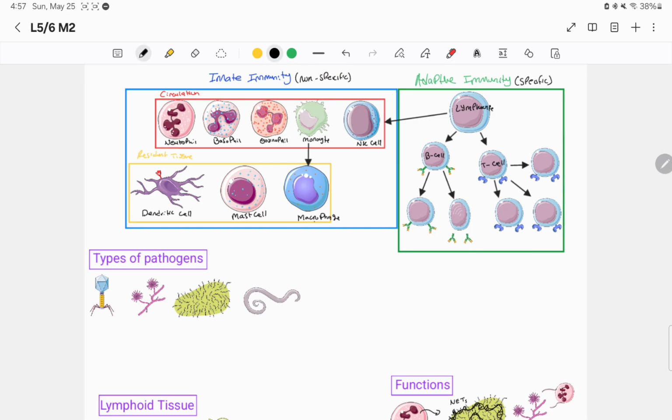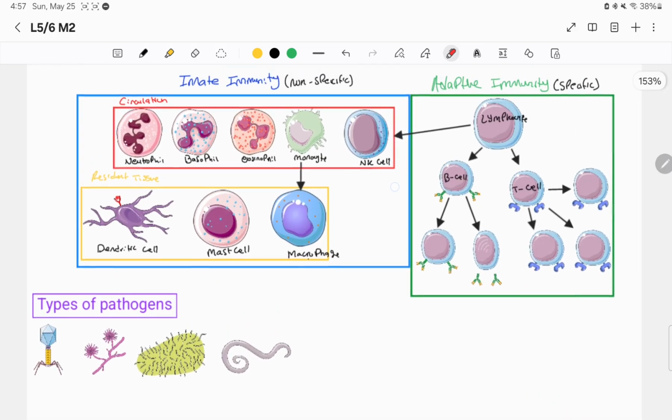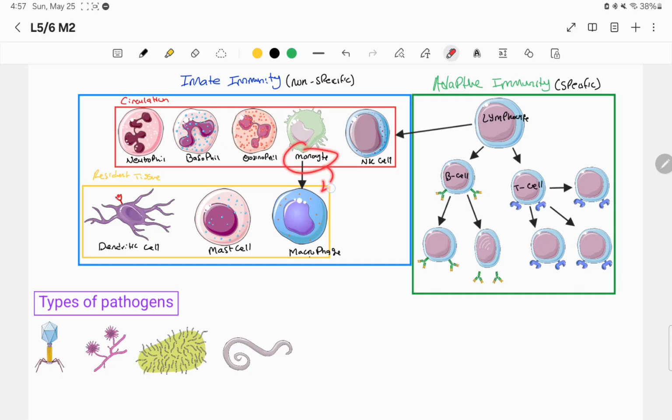Now, quickly, why do I have an arrow going from a monocyte in the circulation into a macrophage inside of a resident tissue? Well, it's because a monocyte is kind of like a precursor to this macrophage. There are resident macrophages that are just sitting inside of tissues already. However, there are also these monocytes that are just inside of the circulation, and they're precursors of macrophages.